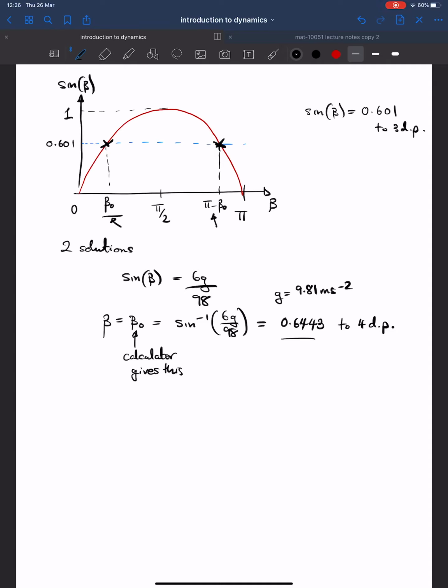So, don't forget that this, let's call this beta 1. Beta 1 is pi minus beta 0.